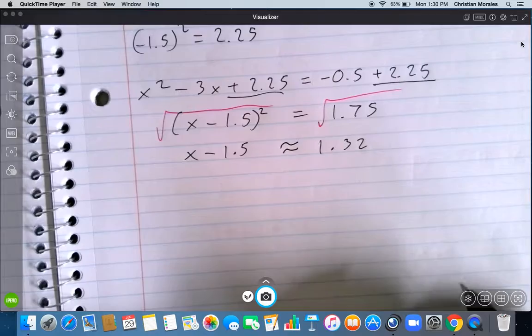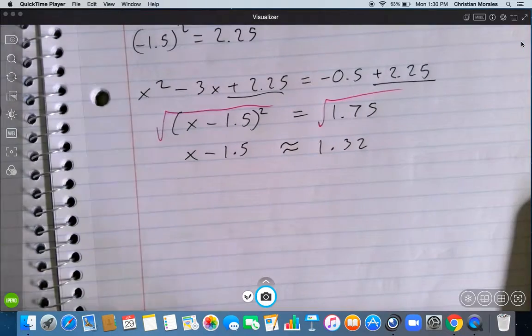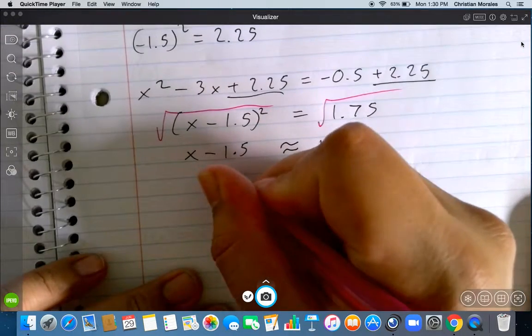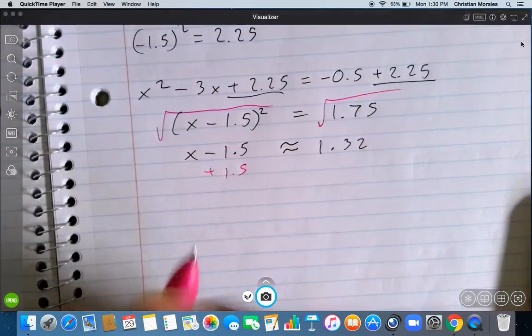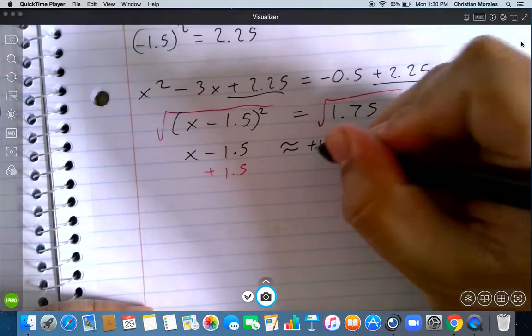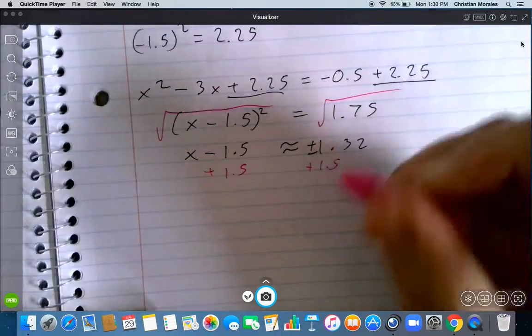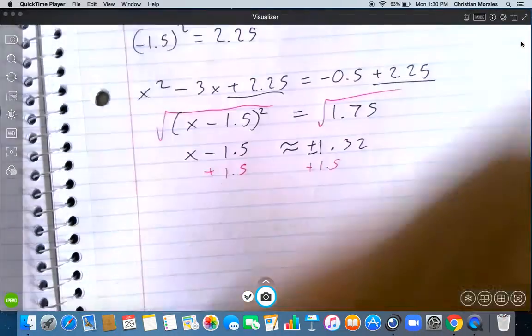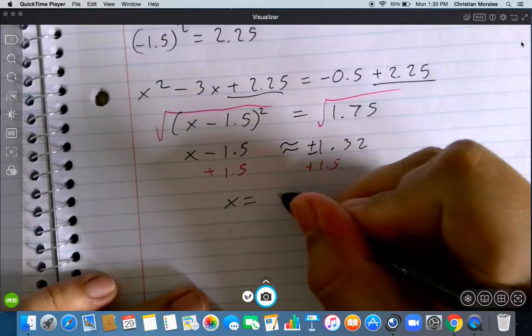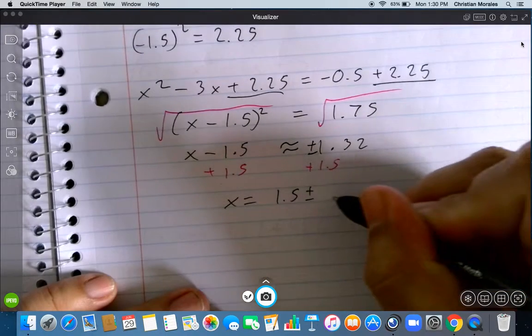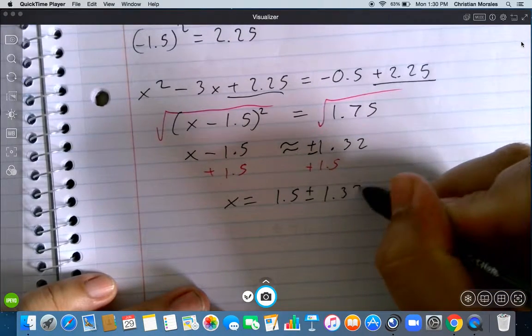To solve for x, I have to move the minus 1.5. I'm going to add 1.5. Oh, and I forgot. When you take the square root, it's plus or minus. So, to finish this off, x equals 1.5 plus or minus 1.32.